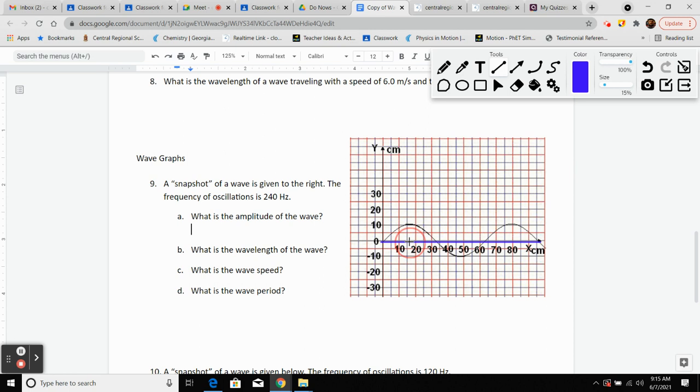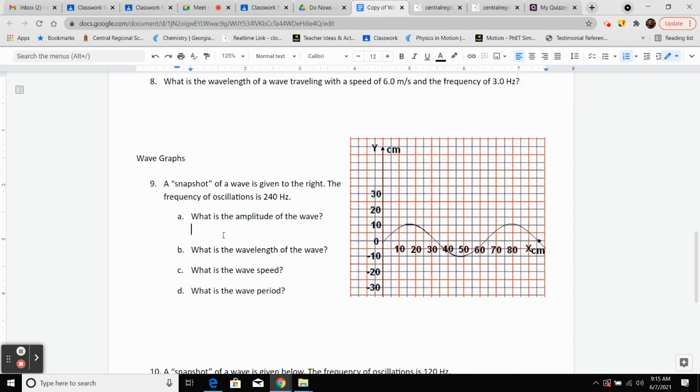If I go from the blue line to here, what do we got? 10 centimeters. So I'm going to type in 10 centimeters. What would that equal in meters? Slide the decimal to the left twice. 0.1 meters. The reason we need to do that is because wavelength, the next one, has to be in meters.